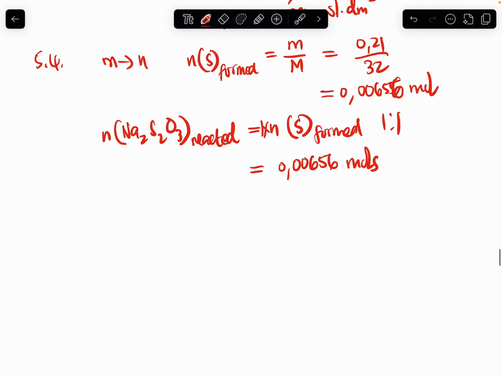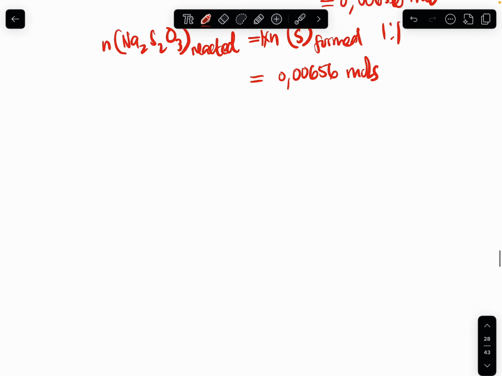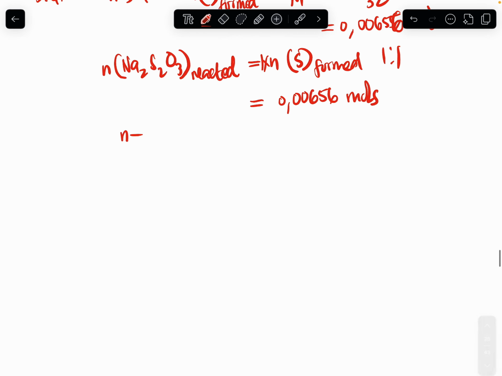Right, now that we have the number of moles of what is used or what reacted for sodium thiosulfate when it reacted with an acid, now we can change the number of moles into mass. So we can say number of moles is equal to mass over molar mass. So it's going to be 0.00656. The mass of the sodium thiosulfate, guys, we have to calculate it. I don't know by heart.